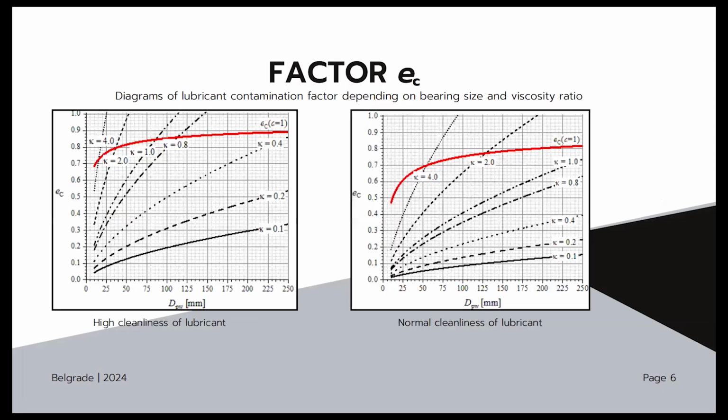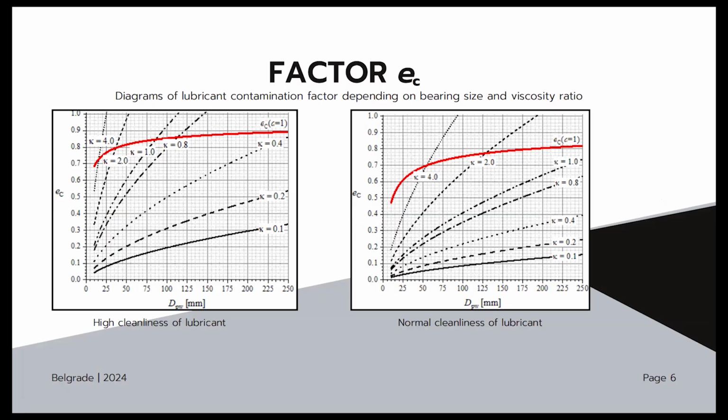And here we can see diagrams based on the previous equation. And this red line is the limit line, which limits that factor to a value lower than 1.